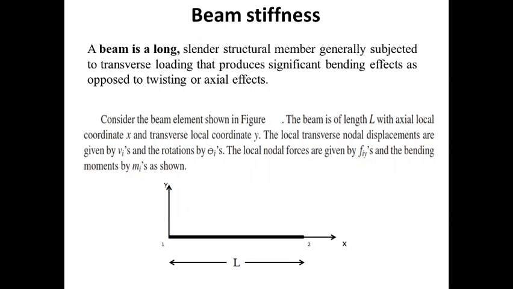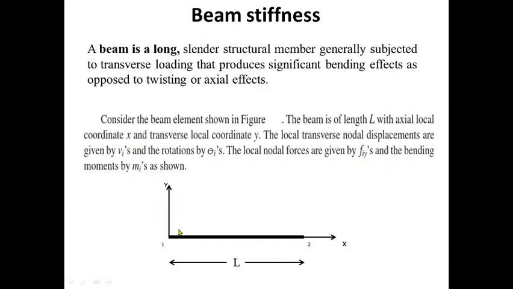If you consider a beam of two nodes, in each node you will have two unknowns: one is transverse displacement, the other is rotation. The notation is as follows: the local transverse nodal displacement is given by Vi, where i represents the node.